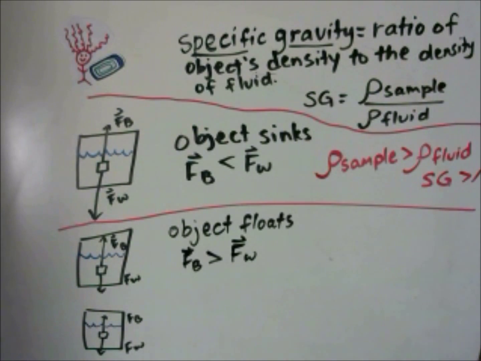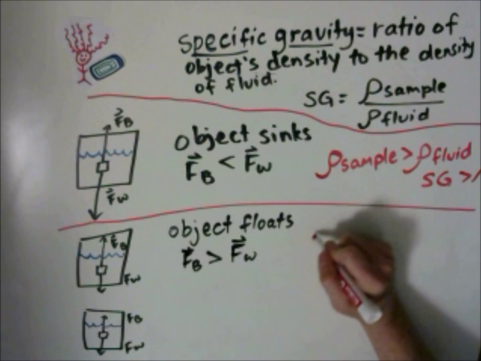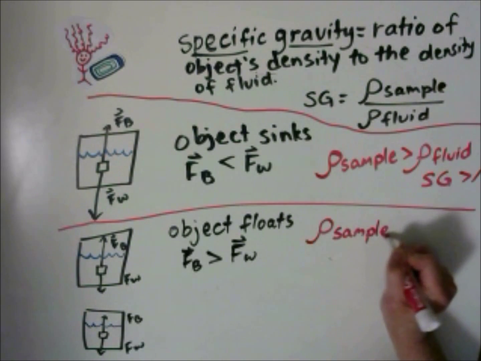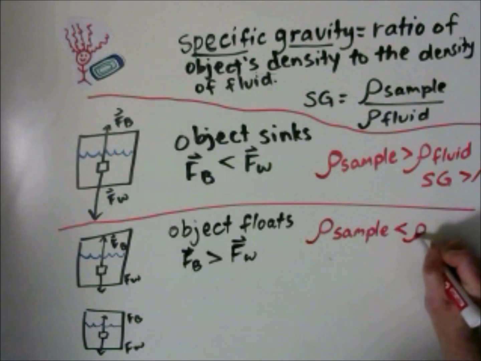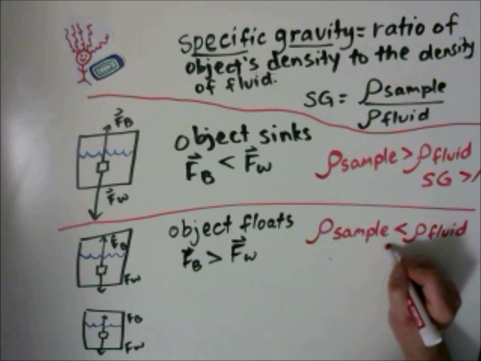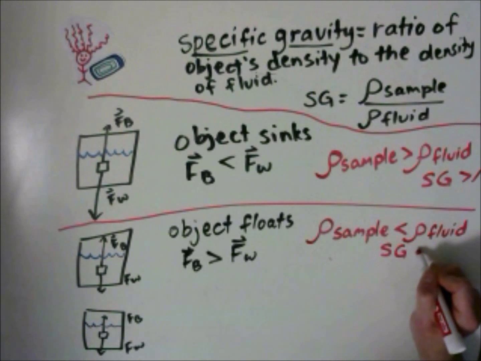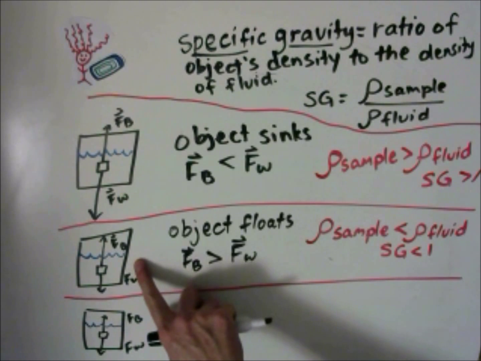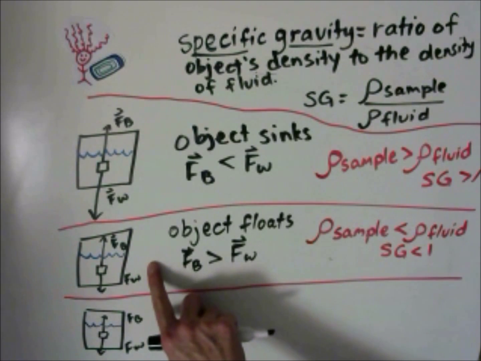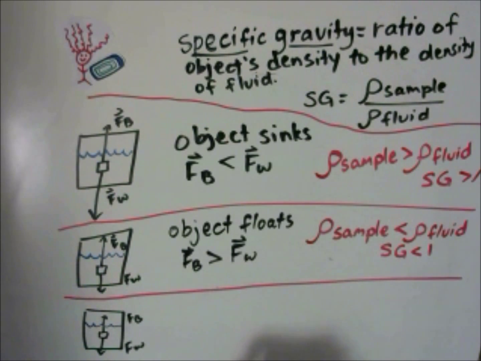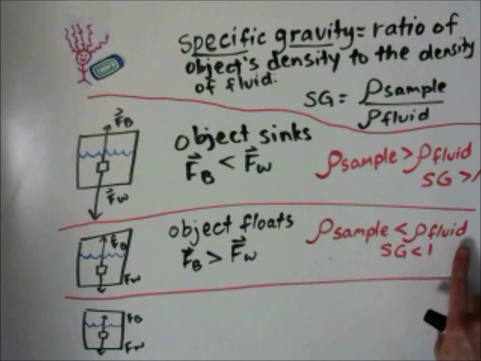It is also true in this case that the density of the sample or object is less than the density of the fluid, and Sg is less than 1. This is going to be what we want to happen when we have a boat. For a boat, the density of the submerged section has to be less than the density of the fluid that it's in, or the water.